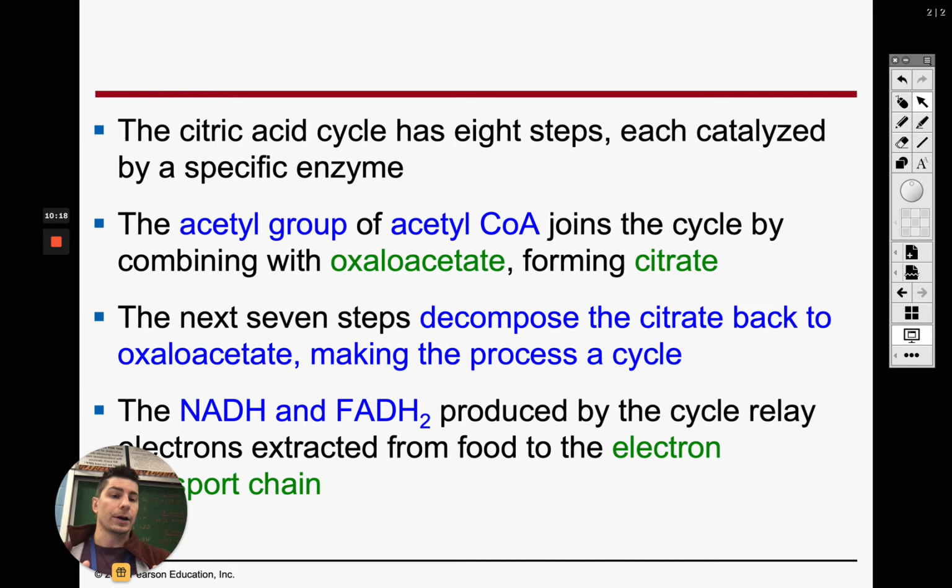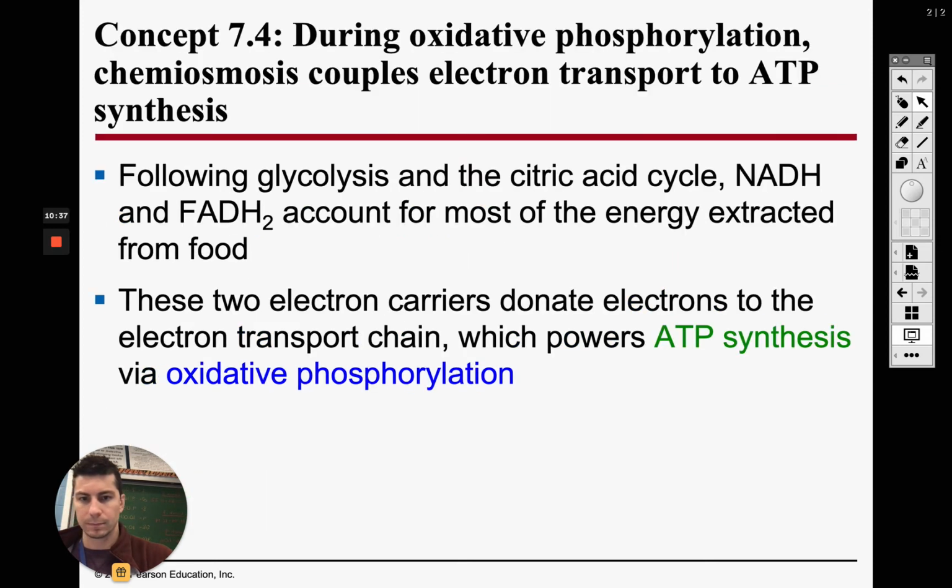Now, the Krebs cycle gives us both NADH and FADH2. So we can combine the NADH from the Krebs cycle with the NADH from glycolysis and use both in our electron transport chain.